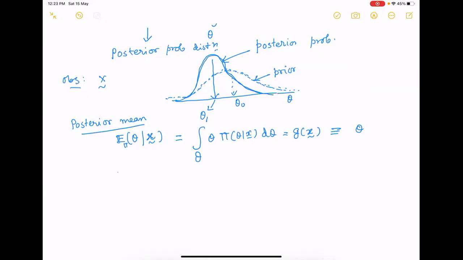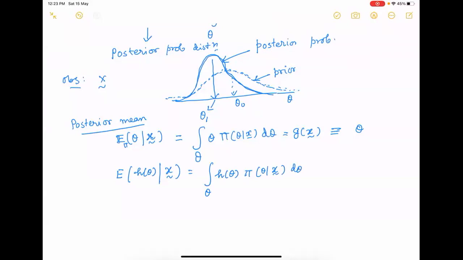If I'm interested in some function, say h of theta, then I'll solve the integration of h of theta times pi of theta given x tilde, d theta.